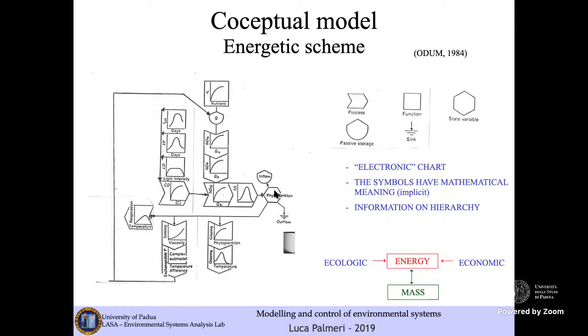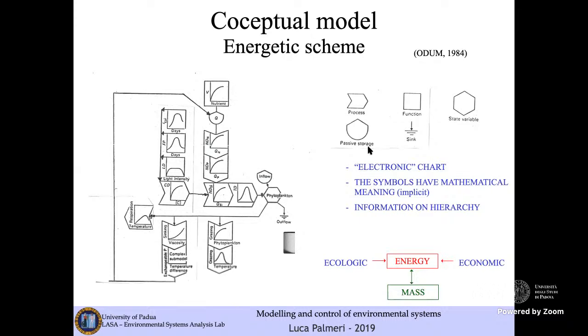The advantage of using this schematization is that it is quite general. We can build a kind of electronic flow chart. The symbols have a mathematical meaning, a mathematical implicit meaning. For example, in the case of passive storage, this means that it is only an input element in which a state variable may simply be increased or stored.